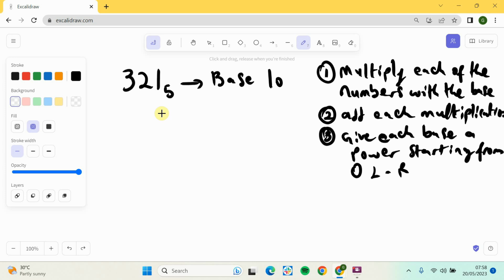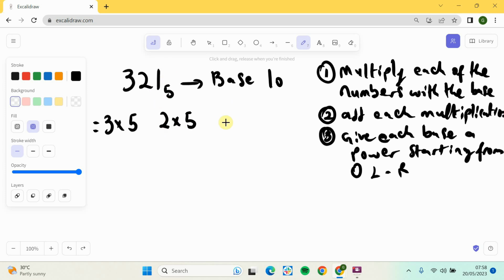Great. So look at this now. It says multiply each of the numbers with the base. Let's say each of the digits. The first digit here is 3, so that would be 3 times the base, which here is 5. The next digit is 2 times the base, which is 5.